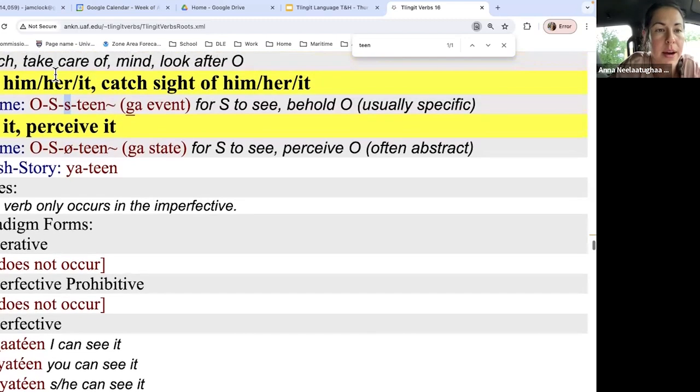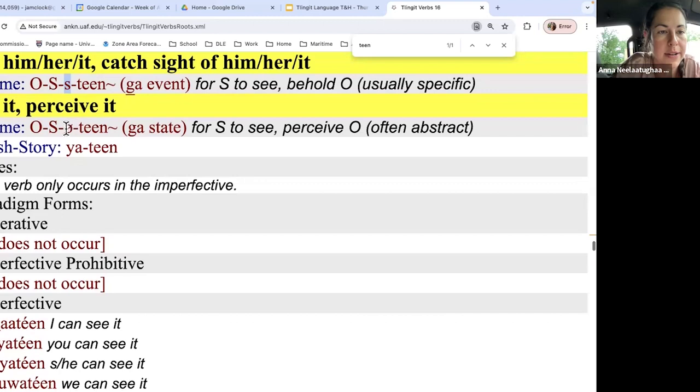So in the option above where it has this s, you would actually say satine. Ours, we don't make a sound. If it's an uppercase letter, this is where you substitute in the people that you're talking about. So the O is for object, the person or thing that you see. And the capital S is subject, the person who sees.